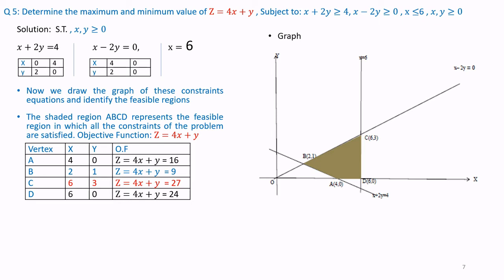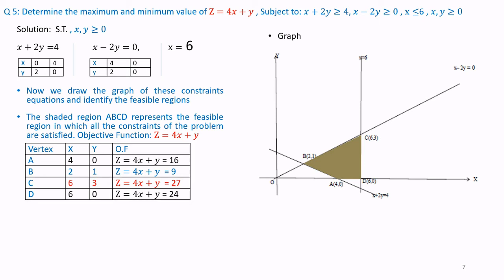At point C, z is equal to 4 into 6, which is 24, plus 3 is 27. At the point D, x is 6 and y is 0. Therefore, z is equal to 4 into 6, 24 plus 0, that is 24.